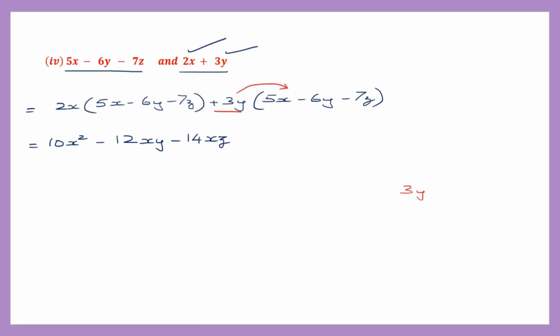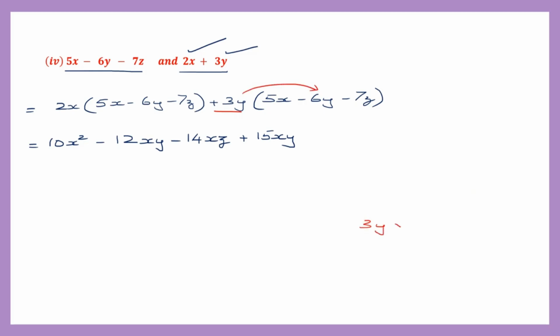So 3y into 5x. So signs are both plus. Then we multiply the numbers. 3 5s are 15. 1y, 1x makes it yx or xy. So this is plus 15xy.